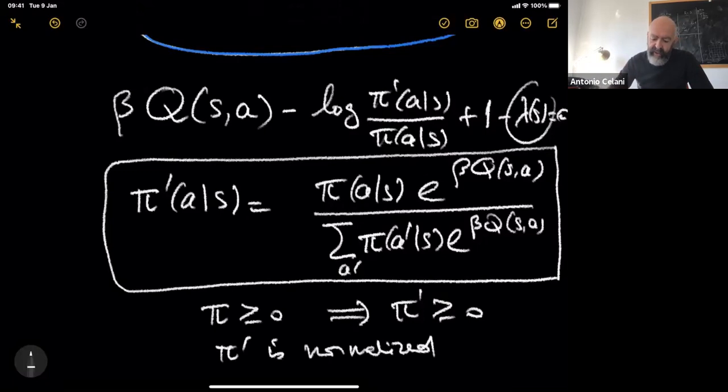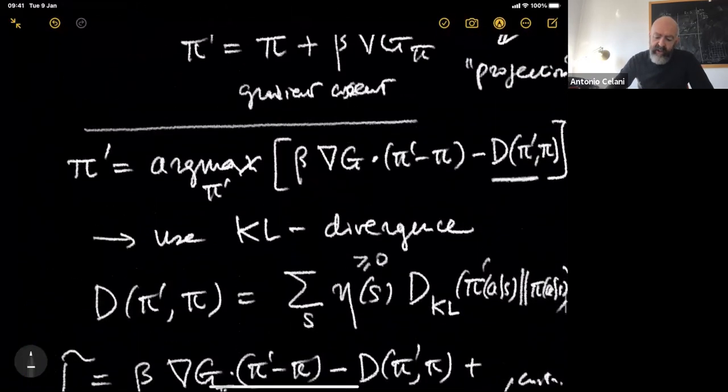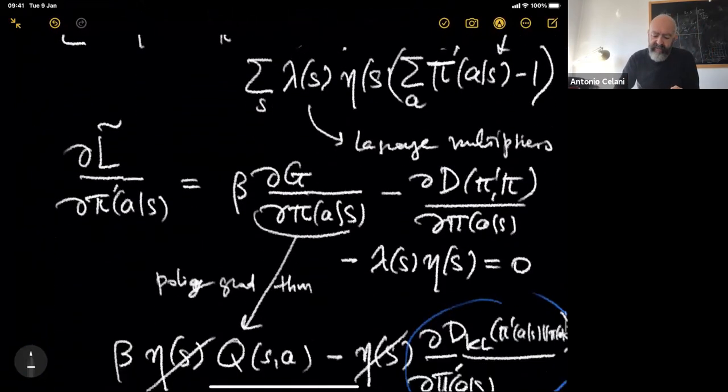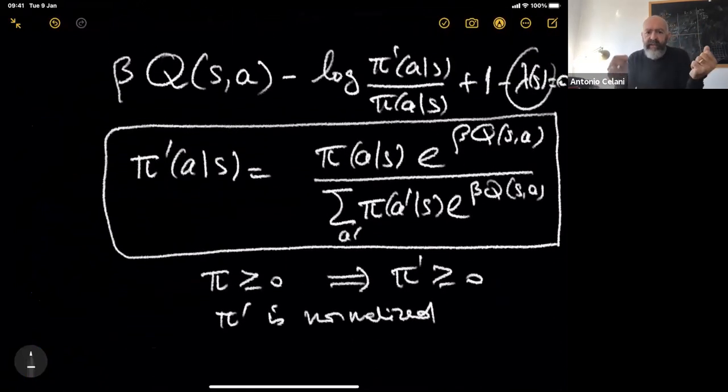So to recapitulate, remember what we've been doing here is a sort of gradient ascent, but now with a different notion of distance between points in our space. That is, distance between policies. So as a result, if we start from a policy, we get to a new policy, which is obtained by multiplying each entry of my policy by exponential of beta of the Q function of that policy.